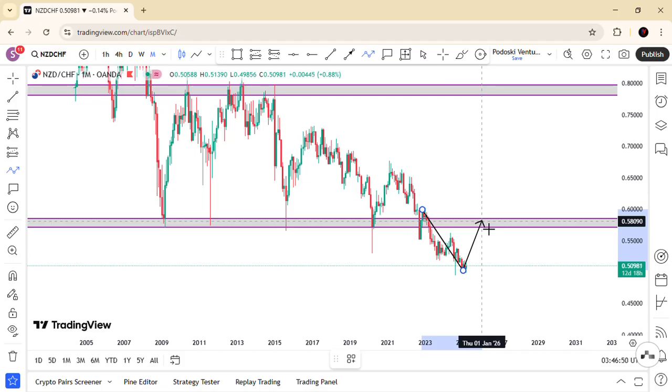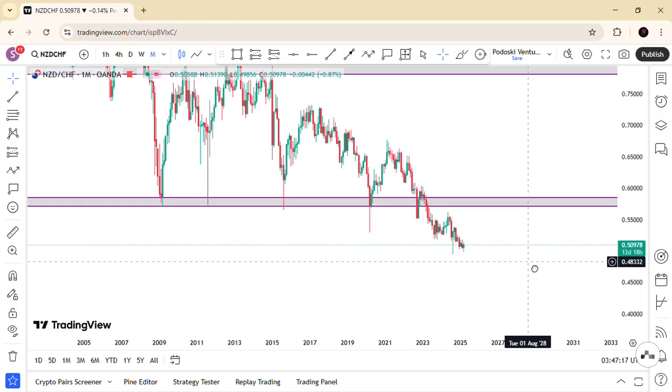So it has to create a new demand zone to be able to grab buying pressure and move all the way up to complete the retest at the previous monthly breakout zone, which is this zone we are currently seeing here. Something like this, then a drop.